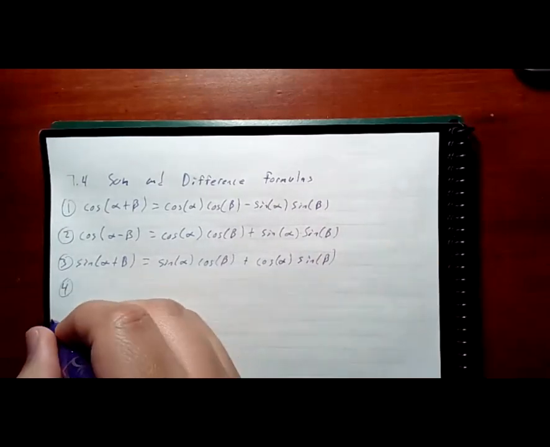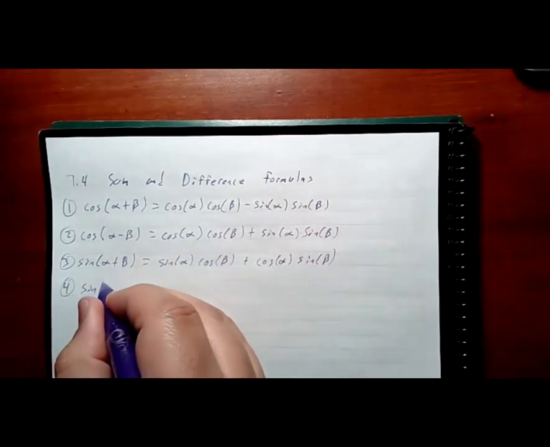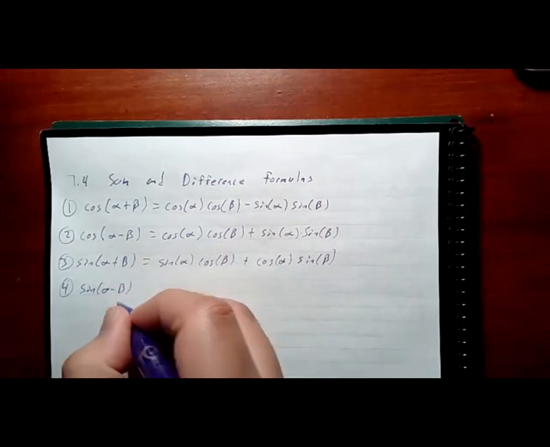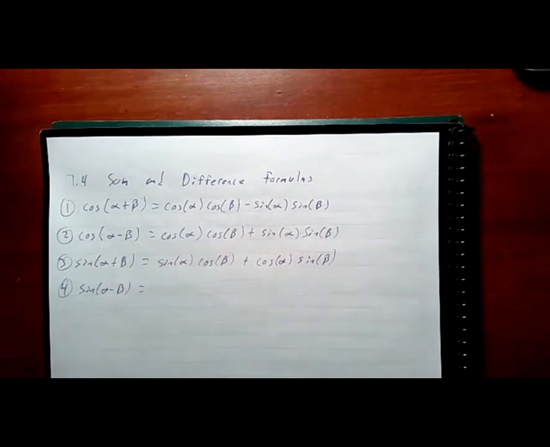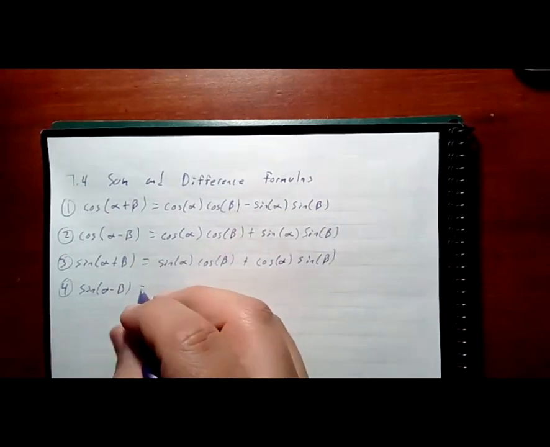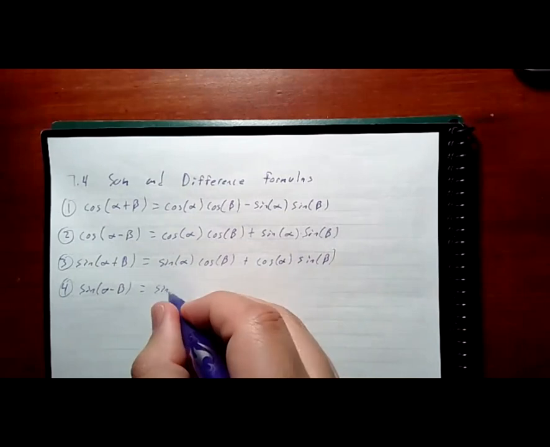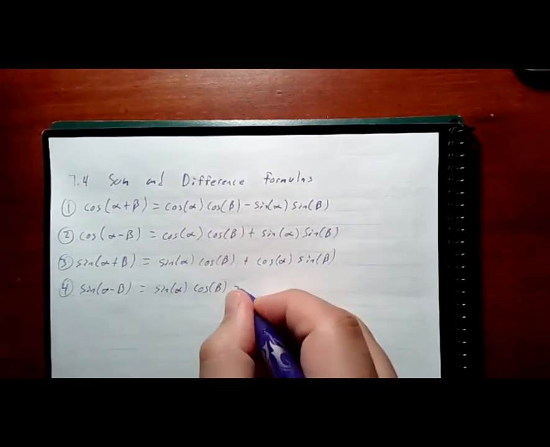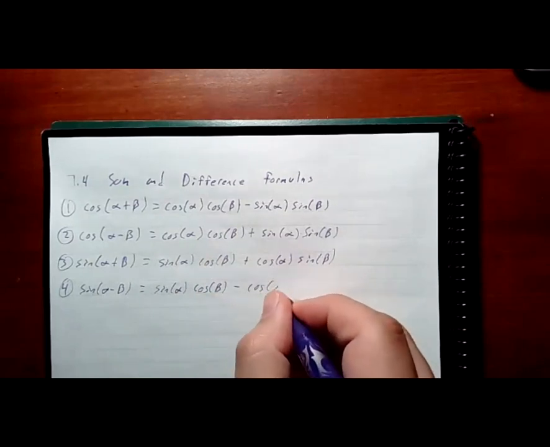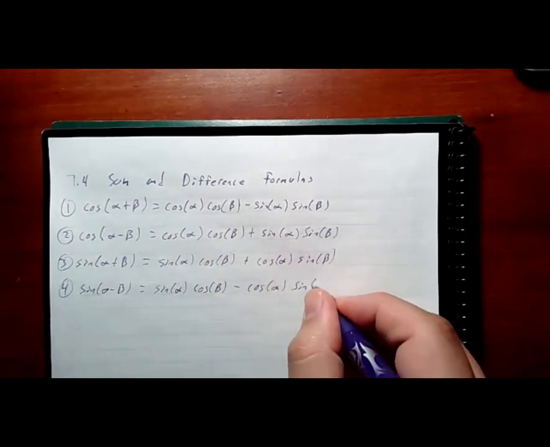Number 4, sine of alpha minus beta, that is sine alpha cosine beta minus cosine alpha sine beta.